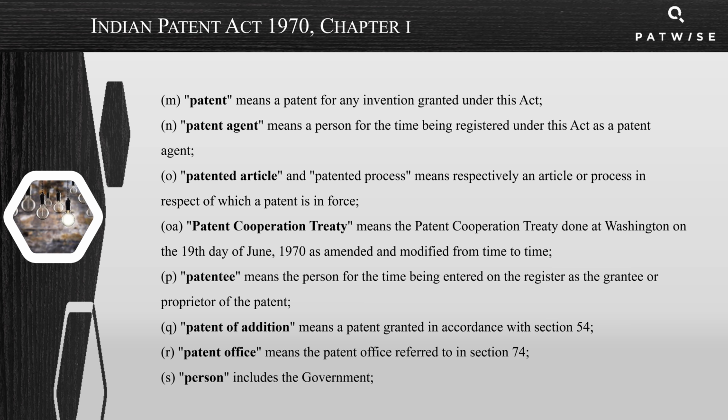Chapter 1 further defines what a patent is, what a patent agent means. A patent agent means a person for the time being registered under this Act as a patent agent. What patented article means, what is a PCT or Patent Cooperation Treaty, patentee, patent of addition, a patent office, a person also includes government.